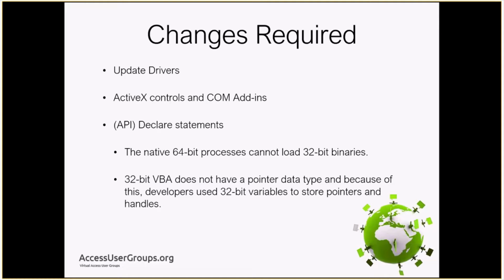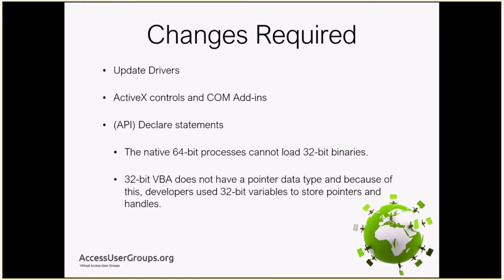However, you will encounter two major issues when you use the 64-bit version to run existing 32-bit solutions. The first one being that the native 64-bit processors cannot load 32-bit binaries. You can expect to run into that issue if you have existing Microsoft ActiveX controls and existing add-ins.